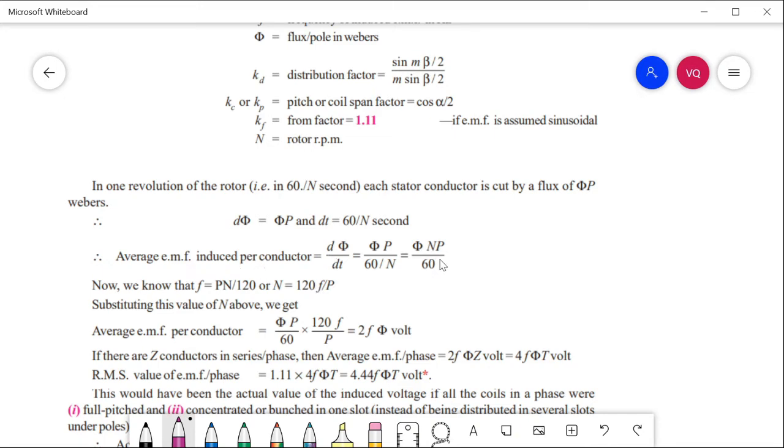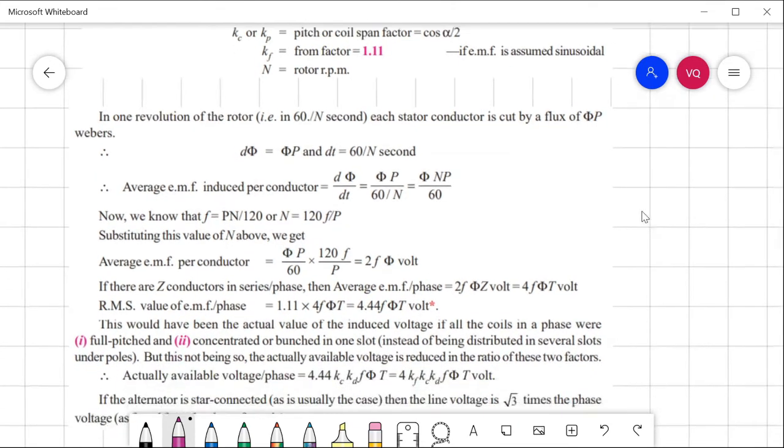Flux NP over 60. Now we know that our frequency is equal to number of poles multiplied by the speed divided by 120, or N is equal to 120 F over P. Substituting this value of N above, we get average EMF per conductor is equal to flux P over 60 times 120 F over P is equal to 2F flux in volt.